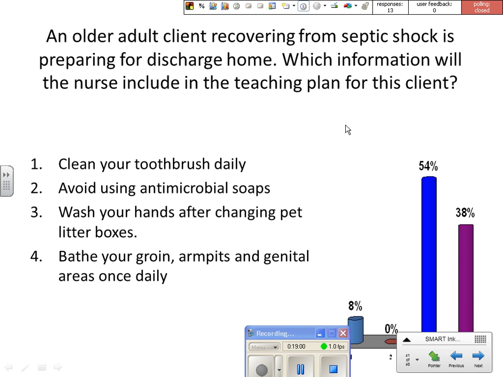Why is that going to be helpful for this particular patient? What can happen if they have a lot of bacteria on their toothbrush? If they have bleeding gums, then they're going to get the bacteria into their bloodstream. They could get bacterial endocarditis. They could get sepsis again. So they shouldn't be changing the litter box, and they should be cleaning their toothbrush.